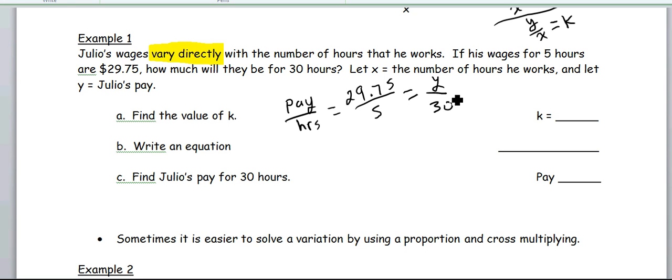Notice we've got y over x, but we can find this with either one. If I simply divide 29.75 by 5, what do I get? Try it at home. I get $5.95.